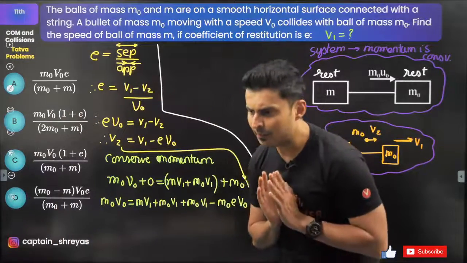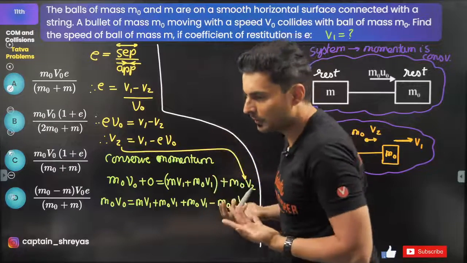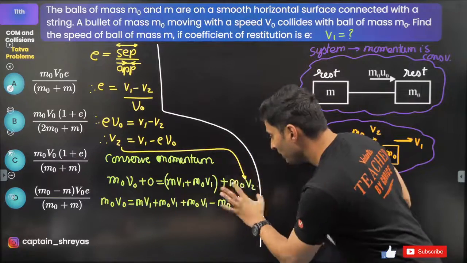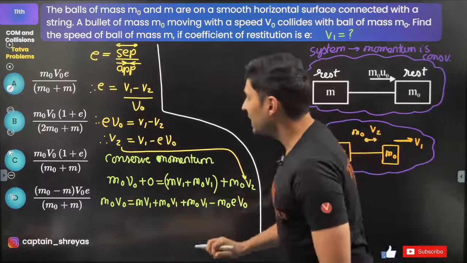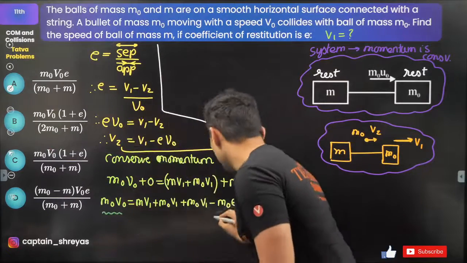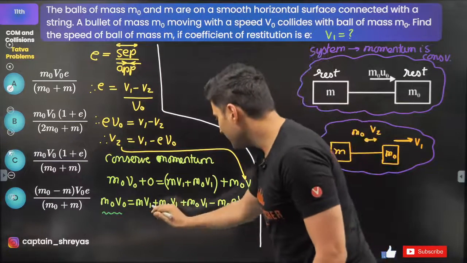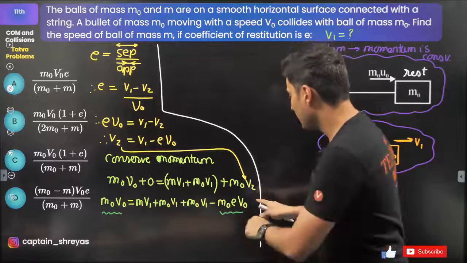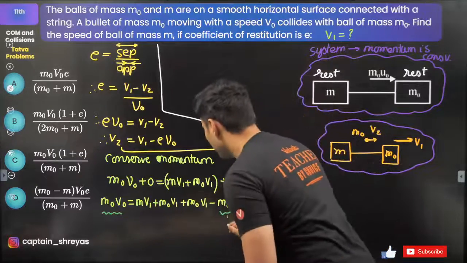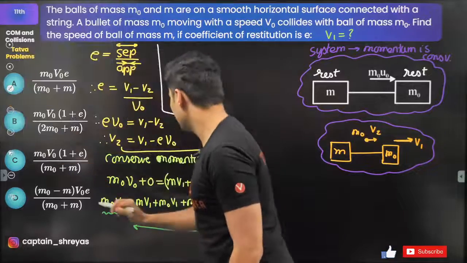Everybody fine till here? Somebody is saying the answer is B or maybe something else. We'll figure it out. Now you have to be very careful while solving this. Identify the identical terms: this term has some things in common with this term, V1, V1, V1. So bring this over there.